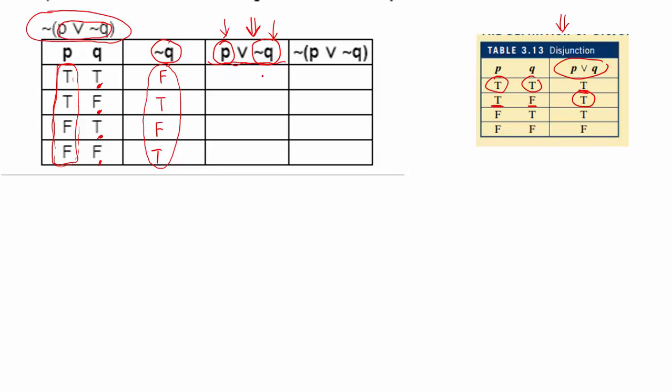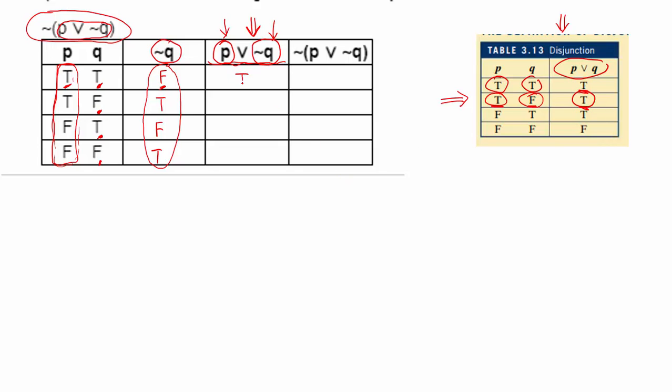So let's look at the first pair. So P is true, the negation of Q is false. So you have a true false combination. Now look at your basic table. So true false, so true false. So the or statement should be true, right?